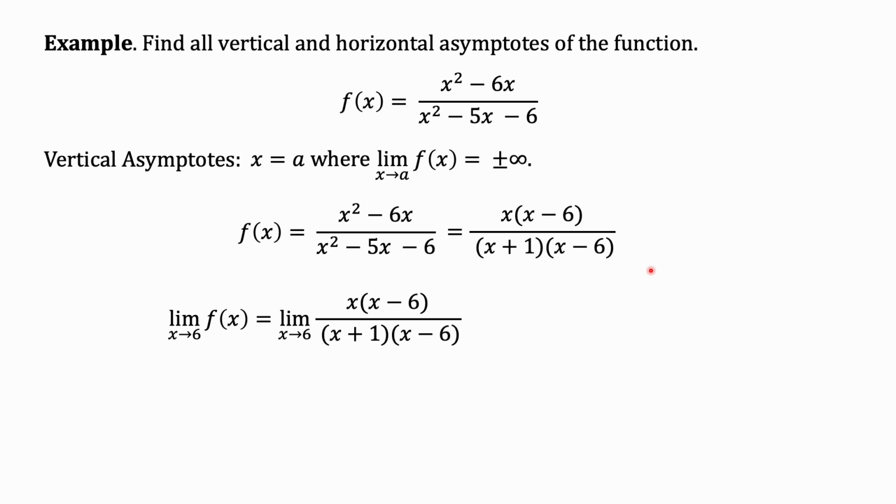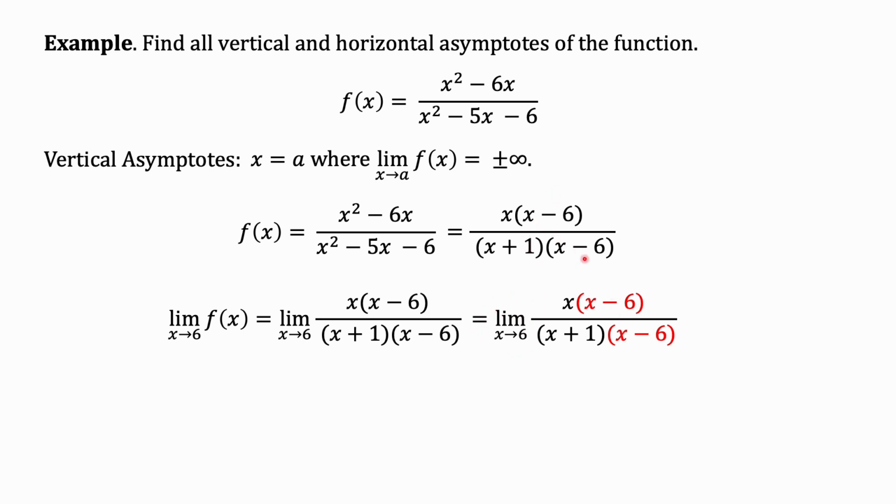So let's start with x equals 6. The limit as x approaches 6 of this function. To compute this, we first start by taking the limit, and then ask what we can do with this. Well, we have x minus 6 in both the numerator and the denominator, and we really want to cancel those, but remember that we can only cancel them when we're in the limit.